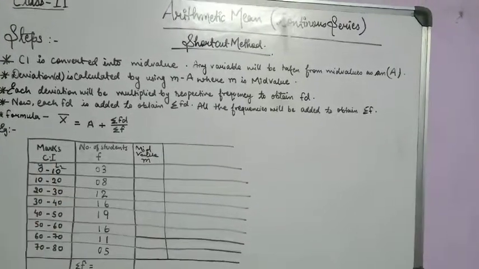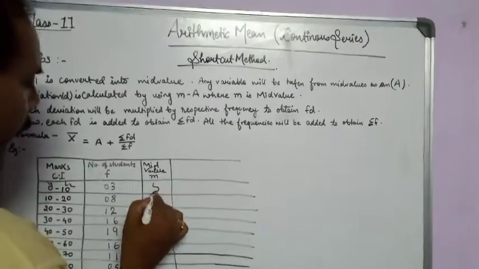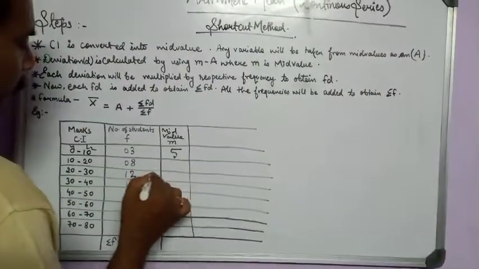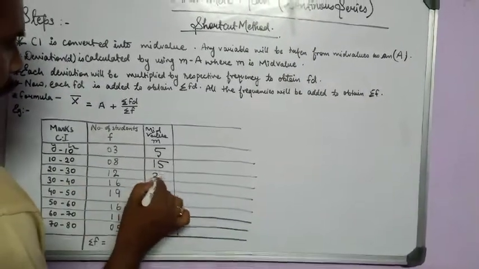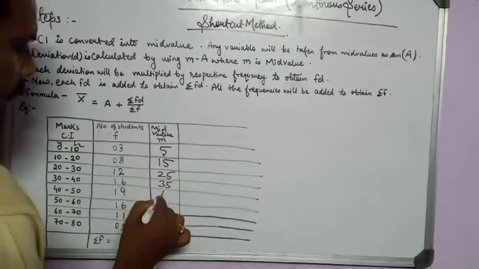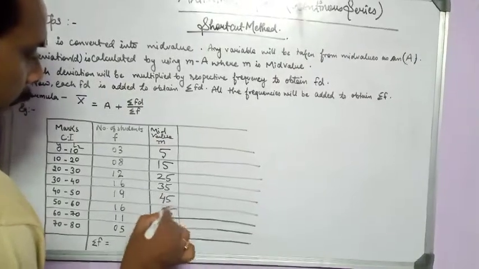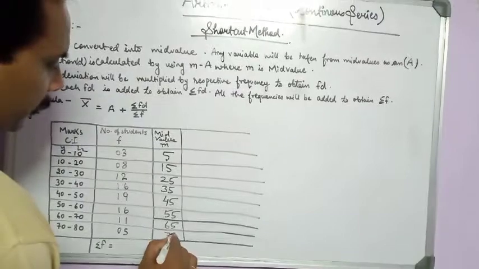So 0 plus 10 is 10, 10 divided by 2 is 5. 20 plus 10 is 30, divided by 2 is 15. Next 25, next 35, next 45, next 55, next 65, and the last 75.